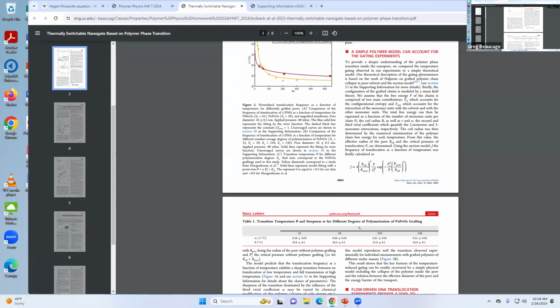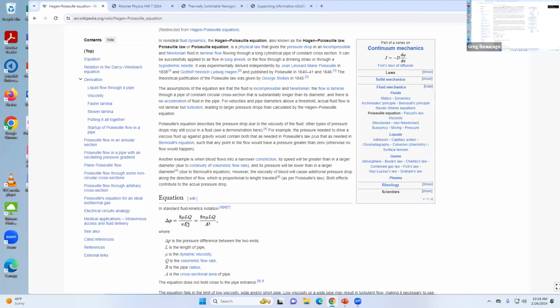And then it's basically his frequency. The front end of this term is Poiseuille's law. If you just look at this equation and rearrange it so that you can get Q, the flux, he explains in the supporting how the flux has to do with the frequency.